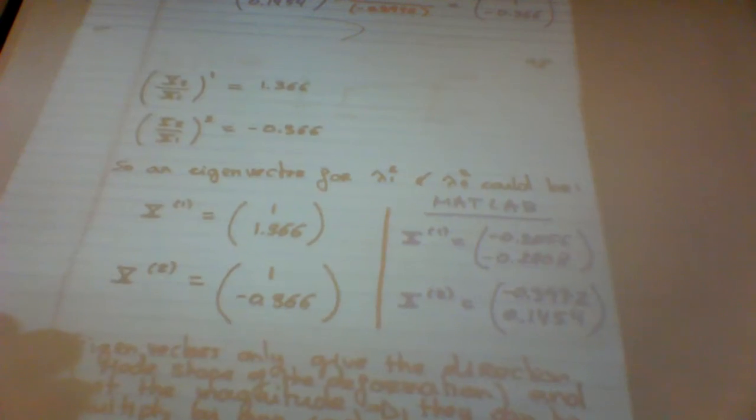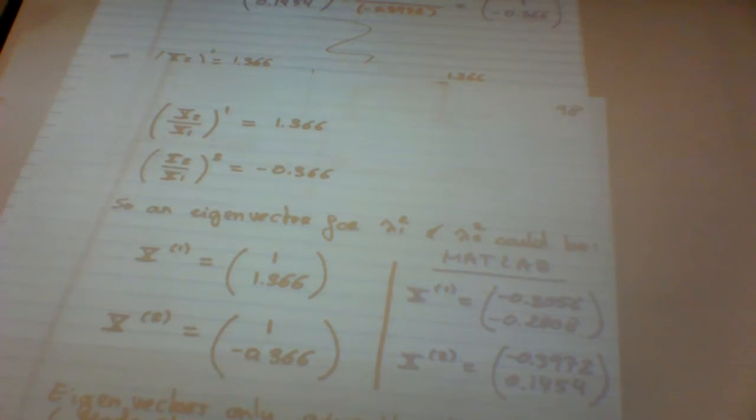And for the second one, which is here, x2 over x1 for the second mode is equal to negative 0.366. So we do something similar. What are we going to have?